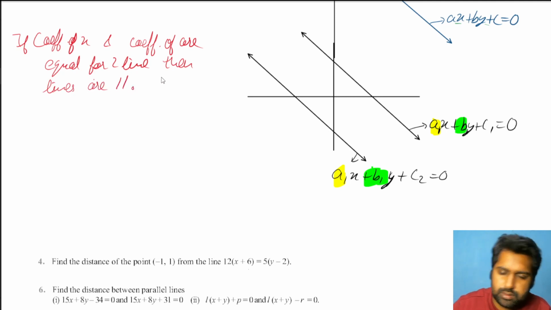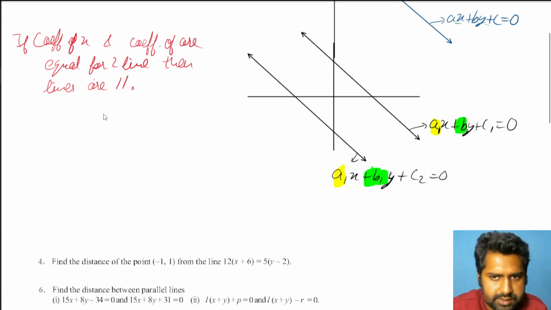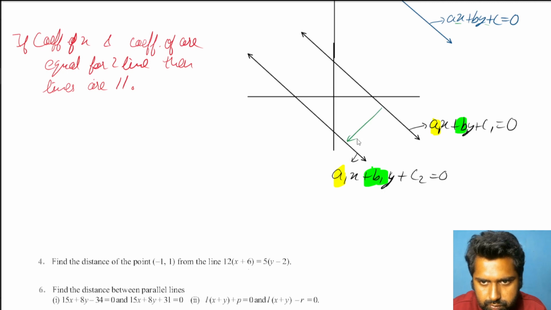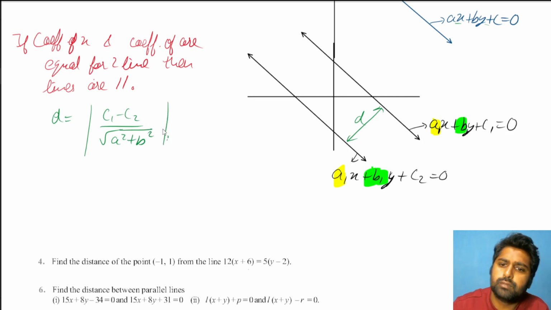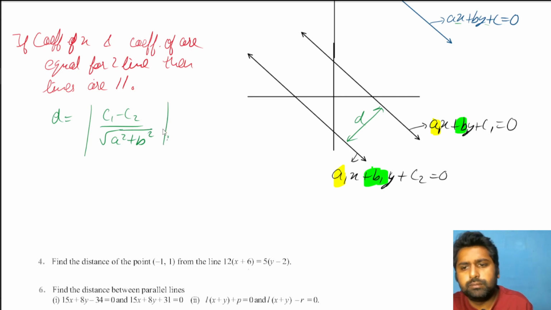Directly, without checking the slope, you can conclude this. In that scenario, the formula for the distance between these two lines, that distance d, is given by modulus of c1 minus c2, upon square root of a square plus b square.